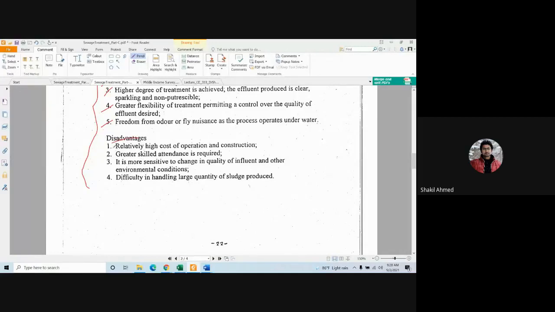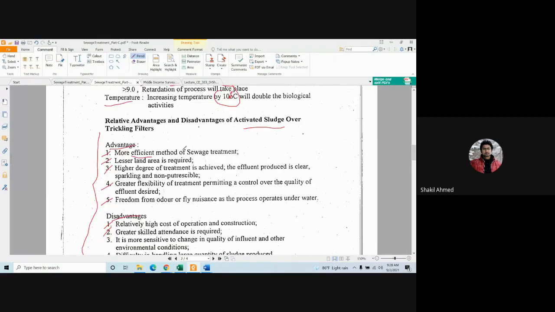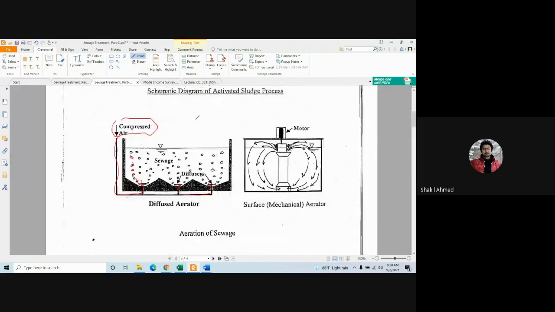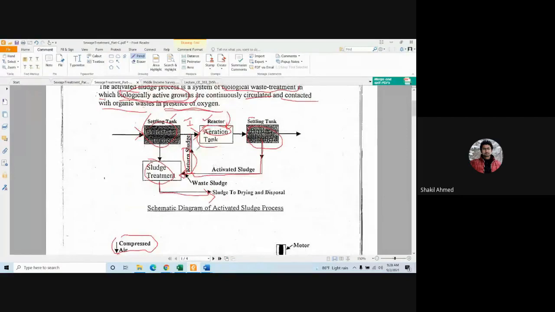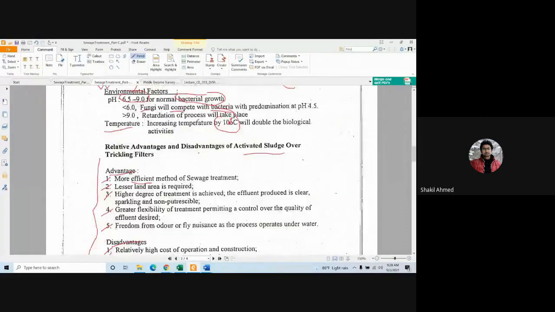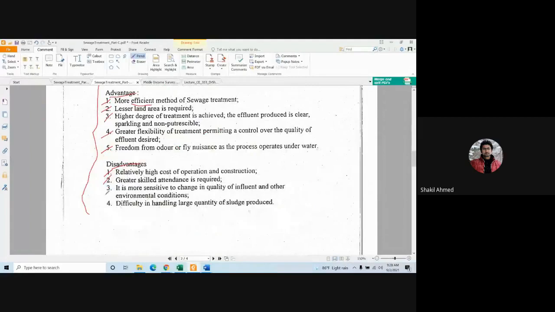Disadvantages are relatively high cost of operation and construction. Greater skilled attendance is required because you need to return this sewage, and it is more sensitive to change in quality of influent and other environmental conditions, and there is difficulty in handling the large quantity of sludge produced.